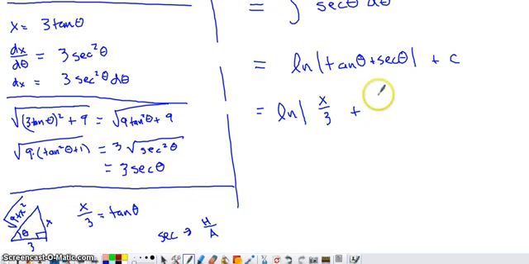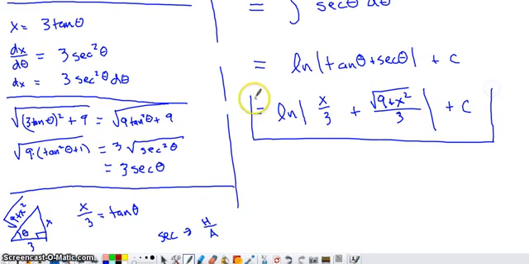So the hypotenuse of our triangle is the root that we started with in our denominator, so the square root of 9 plus x squared. And then over adjacent, and adjacent we have a measure of 3 units. So we've replaced tangent of theta with what tangent of theta equals. We've replaced secant of theta with what secant of theta equals based on the triangle that we were able to draw here. Tack on your plus c at the end, and there is your antiderivative. So another trig substitution.